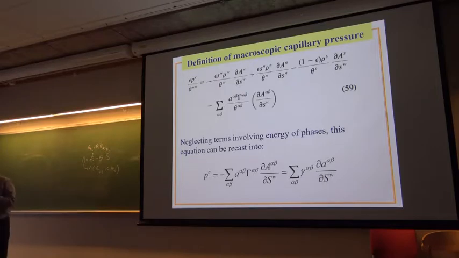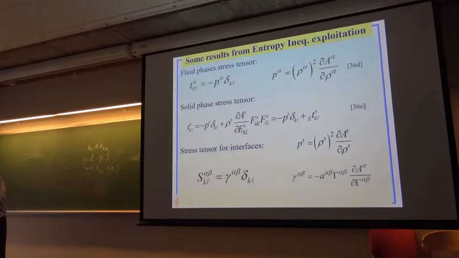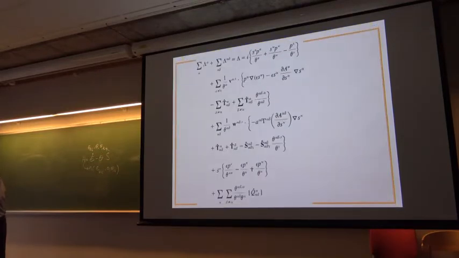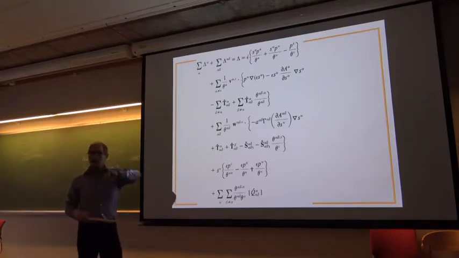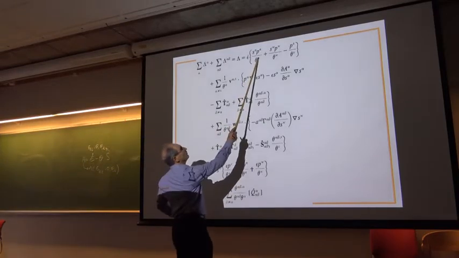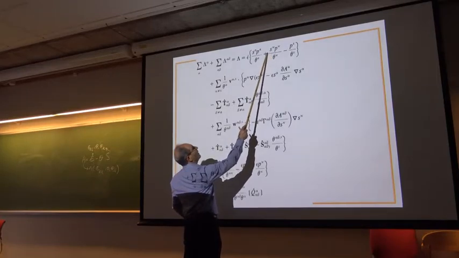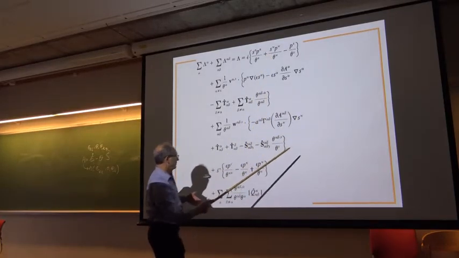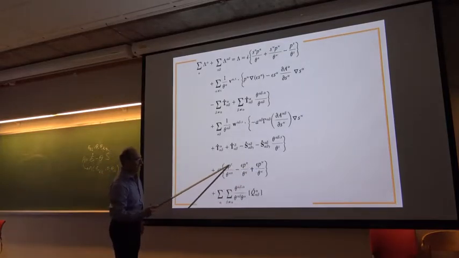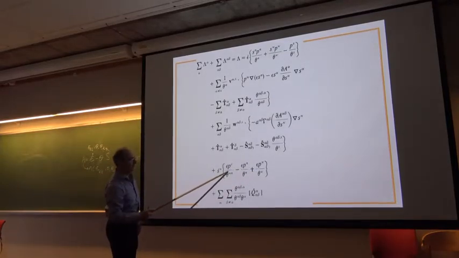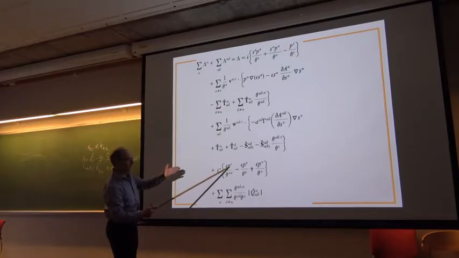What is interesting is that, I have to go back, in the four-page equation I showed you, there is also this term. And I must say, this is not the way it was in the entropy inequality.